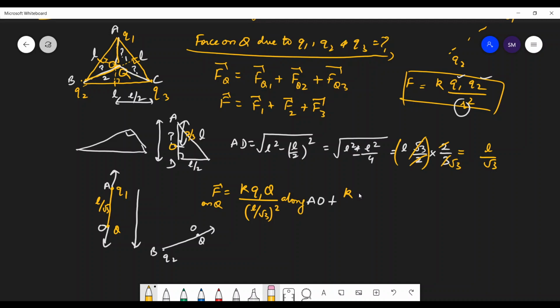So K Q2 Q divided by, again the same distance, and this force is along BO. And similarly we can write the force on Q due to Q3, that is K Q3 Q upon L by root 3 whole square, along CO.